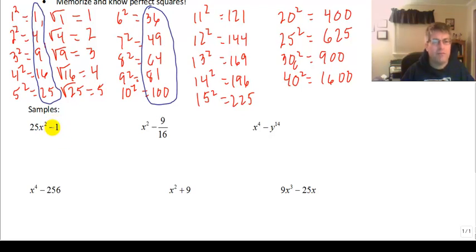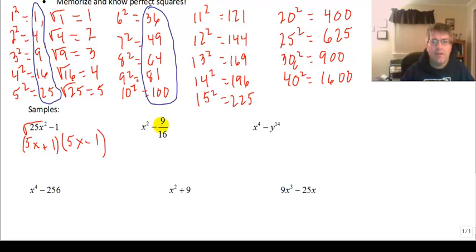So this is a difference of two perfect squares. So the square root of 25x squared is 5x and 5x, and then the square root of 1 is 1, so 1 is plus, 1 is minus, and we have factored that using our pattern for the difference of two squares.